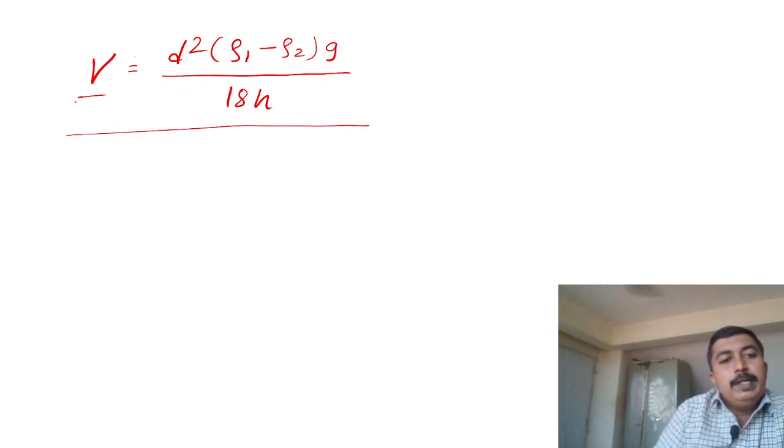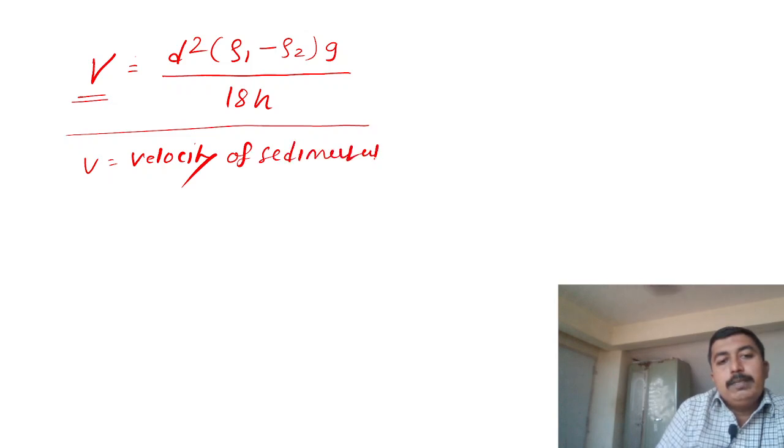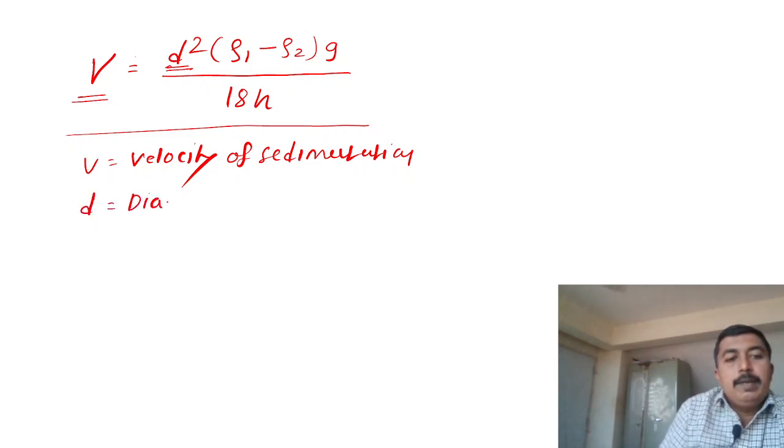So V means sedimentation velocity, the velocity of particles which settle at the bottom, and the sedimentation velocity is directly proportional to d. D means diameter of the powder particles of the dispersed phase.